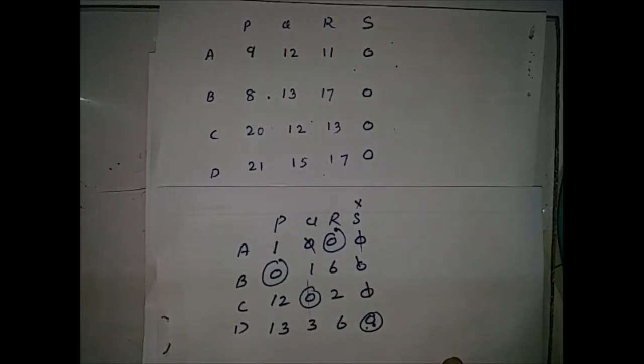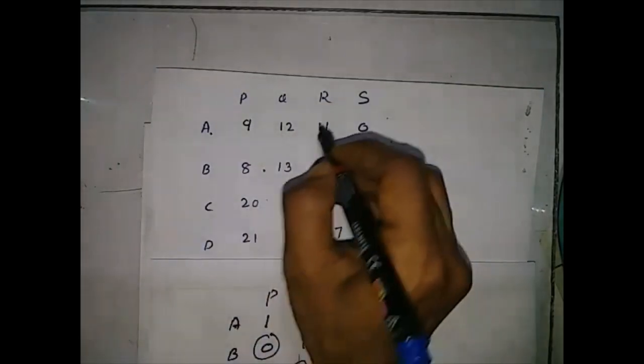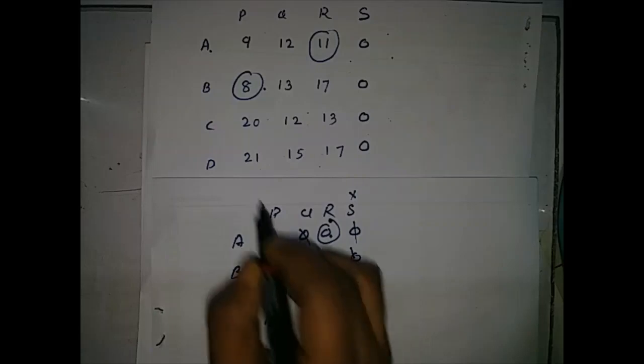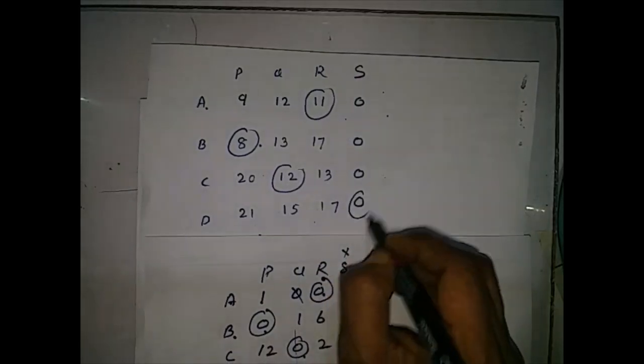So our allocation is over. A allocated to R, A R. B allocated to P, B P. C Q, C Q. D S, that is the dummy column. D is allocated to this dummy column.